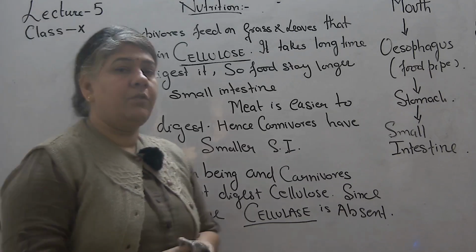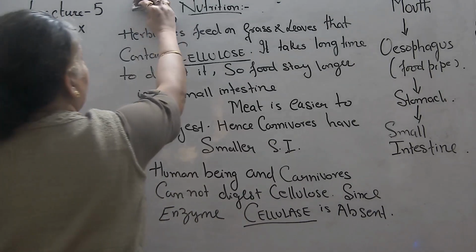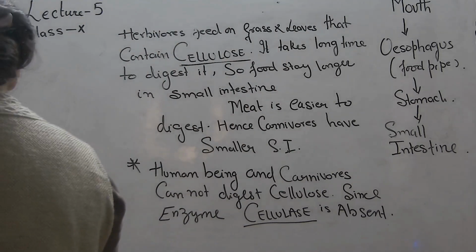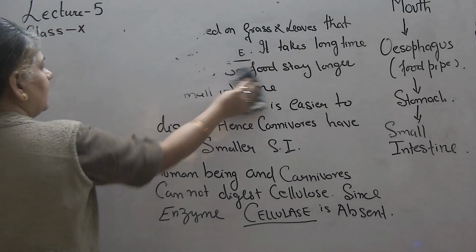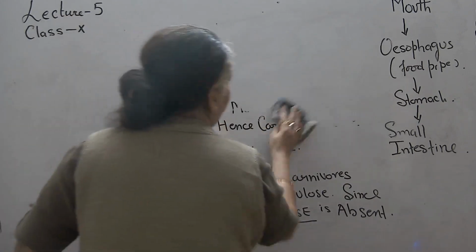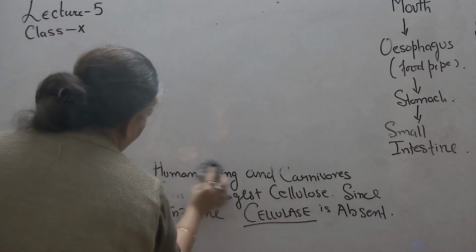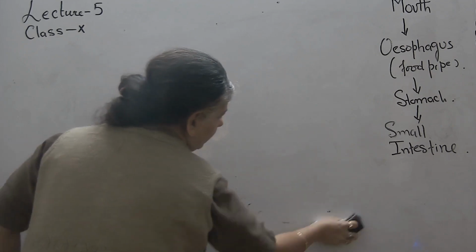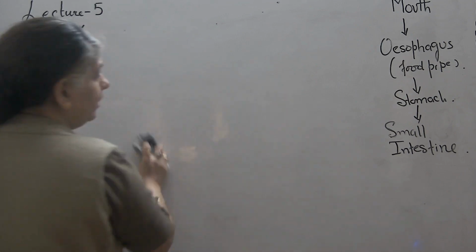Okay, now let's see what is happening in small intestine. These are a few pieces of information about small intestine. See, the walls of the small intestine produce intestinal juice for digestion, and it also receives digestive juices from two glands, that is liver and pancreas.